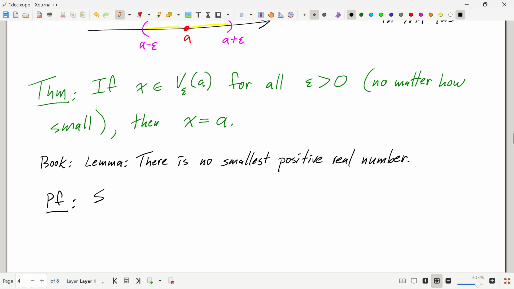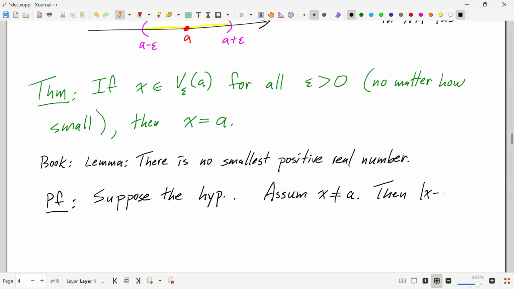Suppose we have the assumption, the hypothesis, namely that x is in the little neighborhood for all epsilon, and assume x is not equal to a. Then, of course, the modulus of x minus a is unequal to 0.